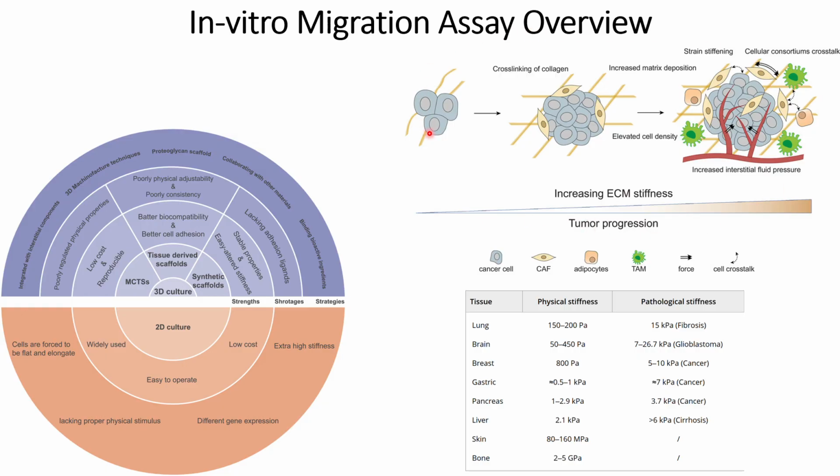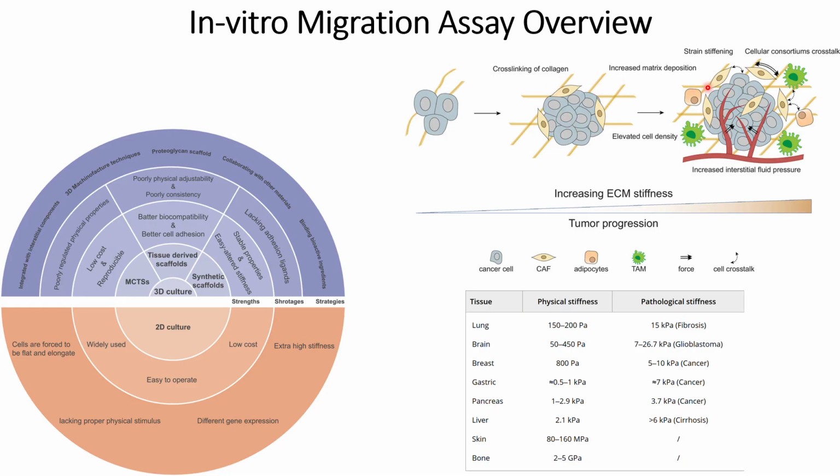The general hypothesis in migration assays is that cancer cells interact with their ECM or change the surrounding matrix, and as the cancer progresses there is an increase in the stiffness of the ECM surrounding the cancer cells, commonly known as the tumor microenvironment.